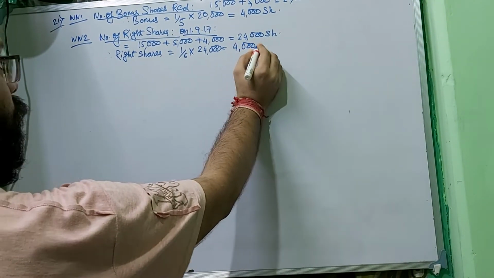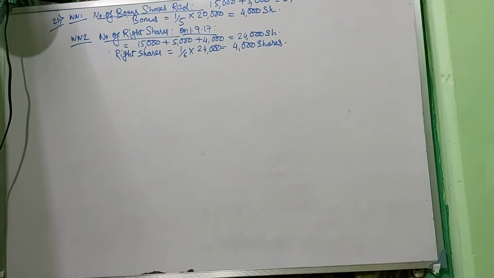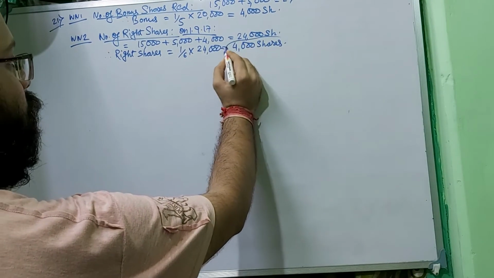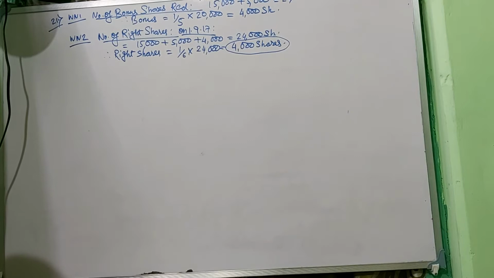Of which they have taken up half of the right. Means out of this 4,000 shares, they are taking half of the right. Half of the right at what price?